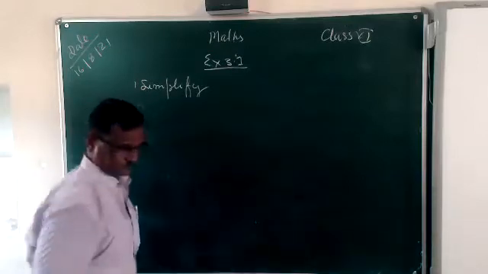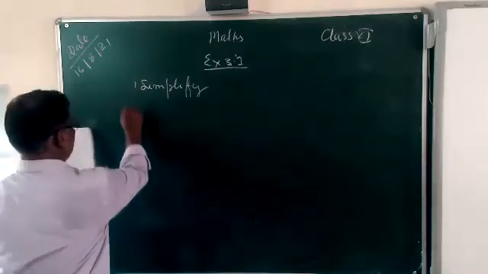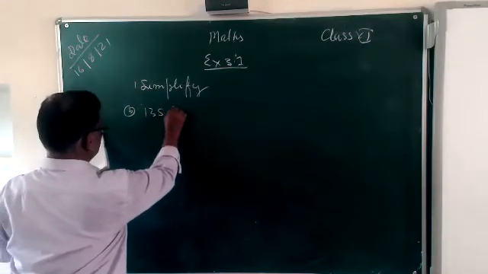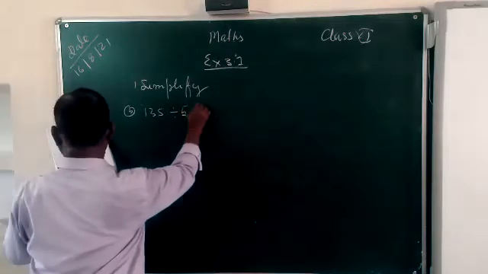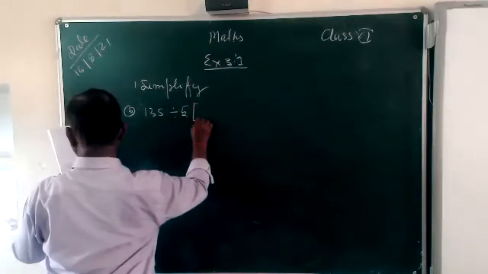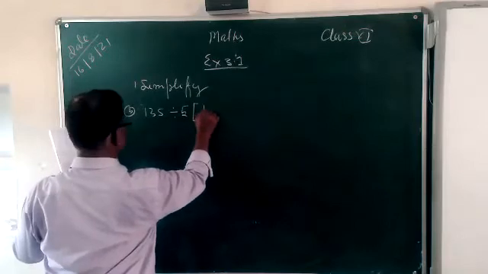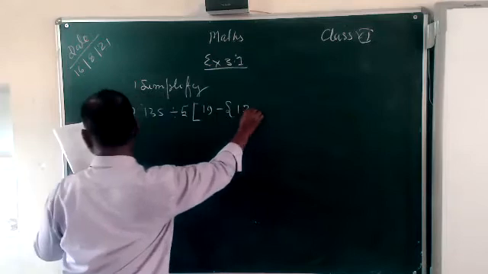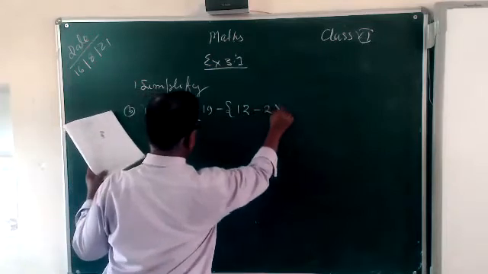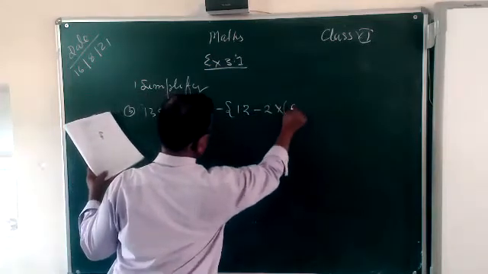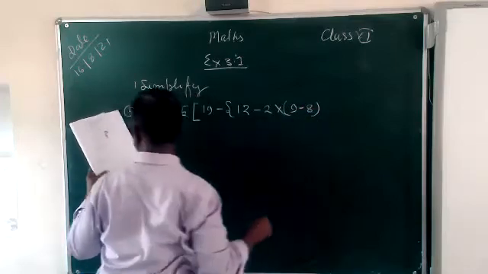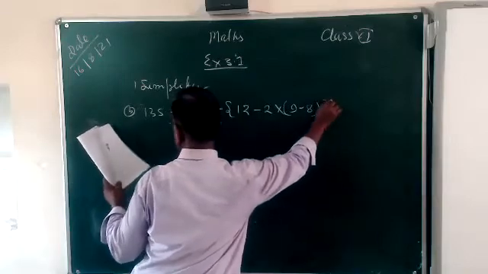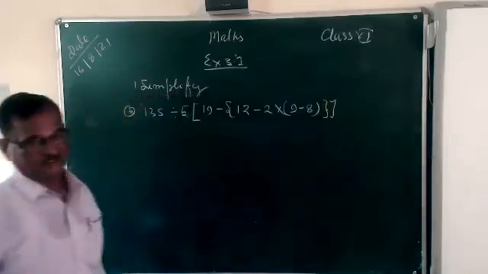Similarly, see the next question, B. 135 divided by 5, big bracket, 19 minus, in curly bracket, 12 minus 2 into, 9 minus 8, common bracket close, curly bracket close, square bracket close.